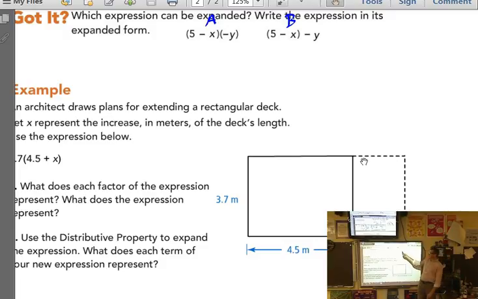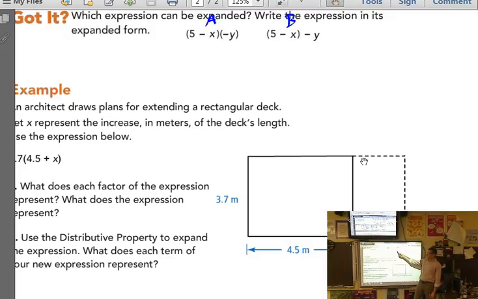So if we look here, let's read this. Quantity 5 minus x, then what happens? Well, what would this symbol then be? Like, if we did quantity 5 minus x. Oh, I thought, what was the negative sign? Is it a negative sign or a subtraction?